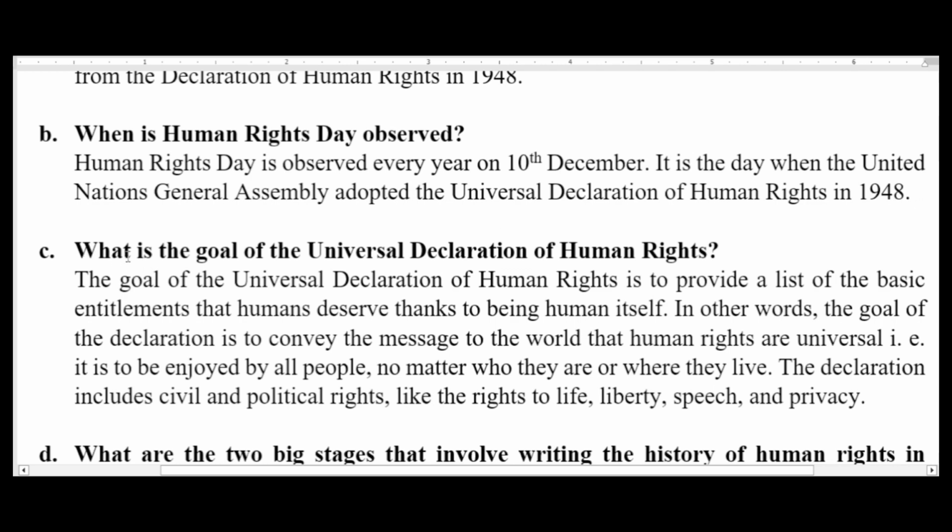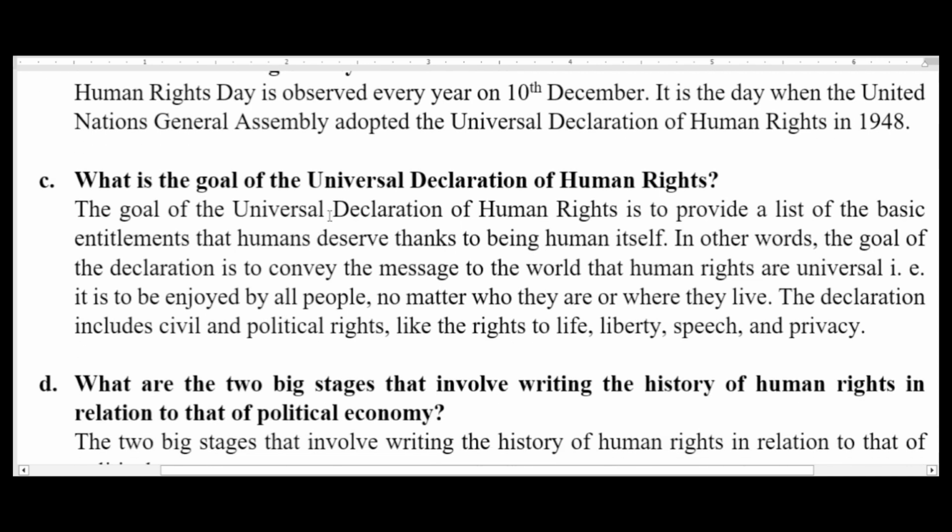Question number C. What is the goal of the Universal Declaration of Human Rights? The goal of the Universal Declaration of Human Rights is to provide a list of the basic entitlements that humans deserve thanks to being human itself.